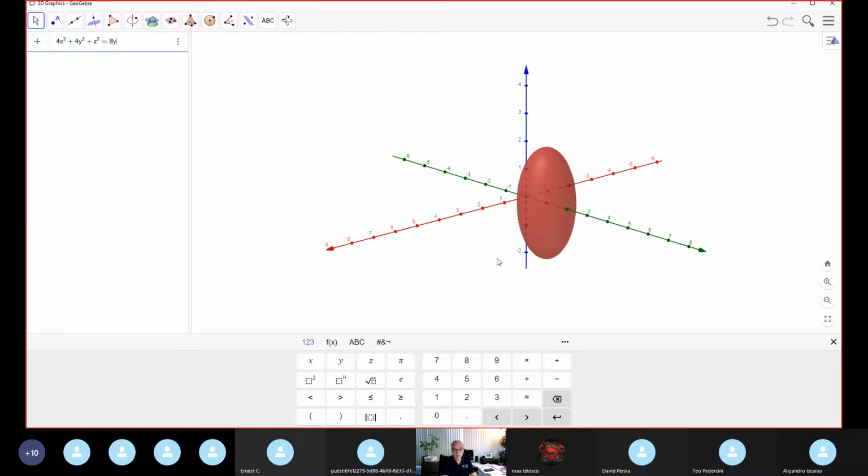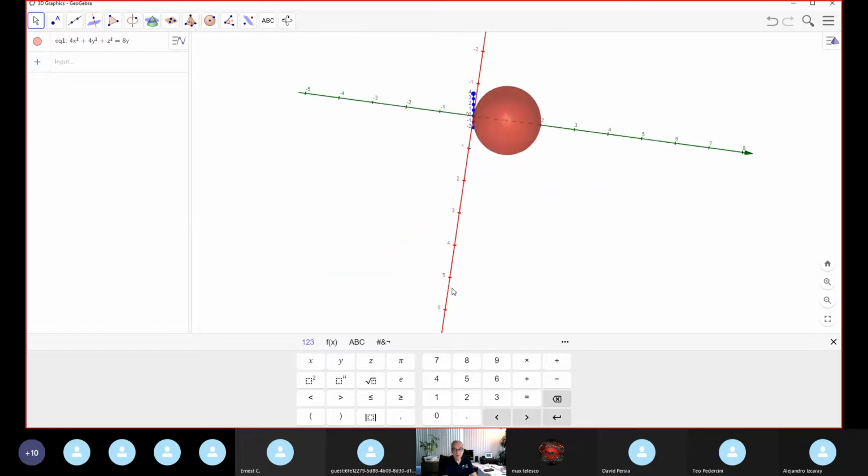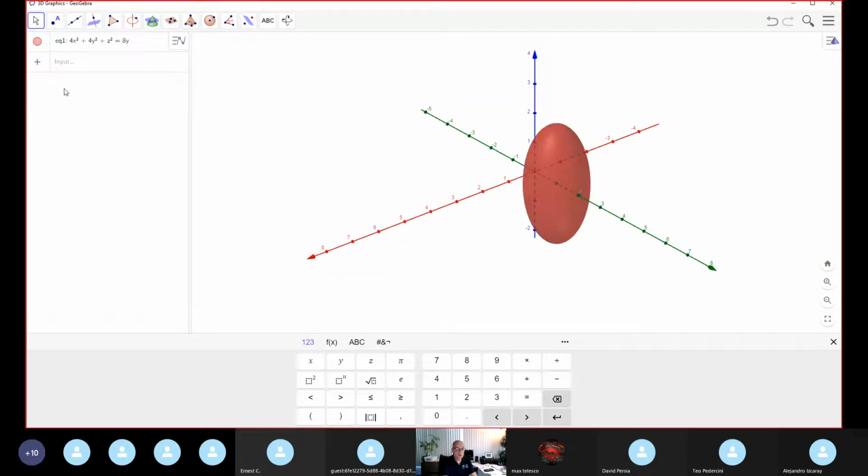Okay, ellipsoid, so obviously this is an ellipsoid. And the center of this ellipsoid is located at the point (0, 1, 0). Look at that center.